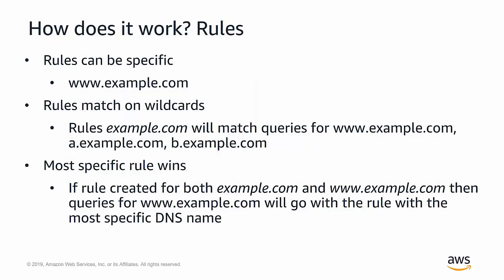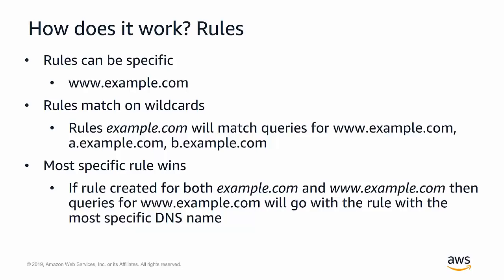So how does it work more specifically when we talk about rules and what the rules are doing? What a rule says is that if you have something like www.example.com, forward it to some IP address that you designate. And so rules can be very specific. You can have www.example.com, a.example.com, a.p.example.com, you could go all the way and be as specific as you want.